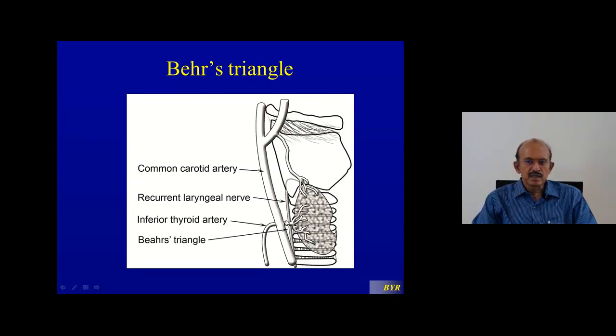So these three structures form the triangle, and this is called Beahrs' triangle. What is the importance of this triangle? This is helpful to identify the nerve. To identify the nerve, you check for the common carotid artery, then look for the inferior thyroid artery, then in front of them you will find the recurrent laryngeal nerve.